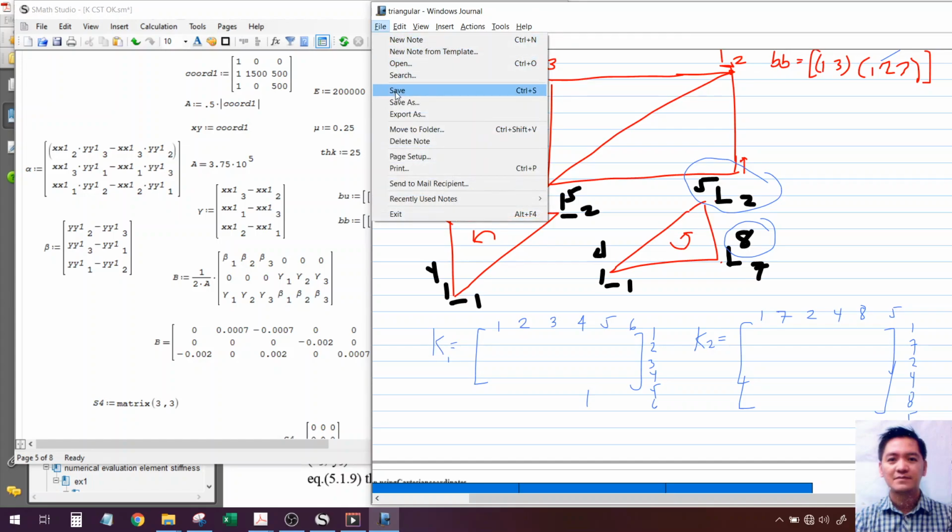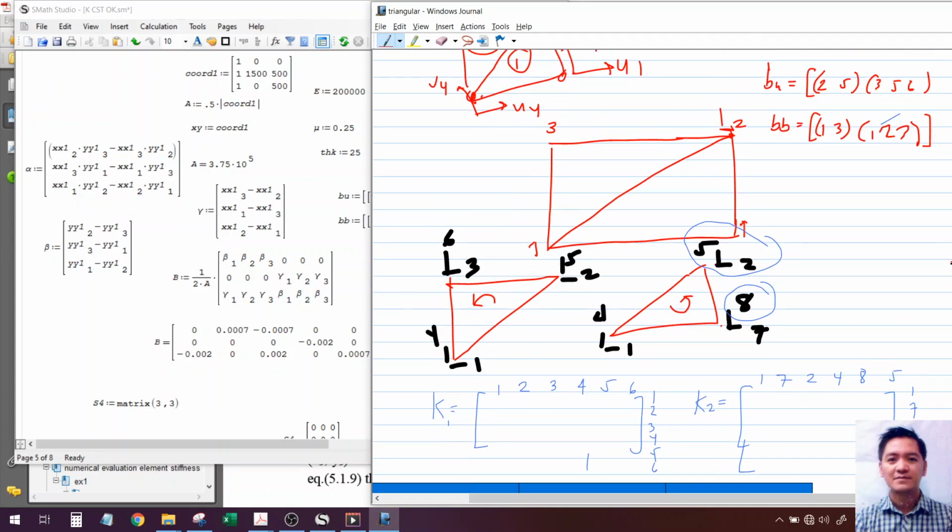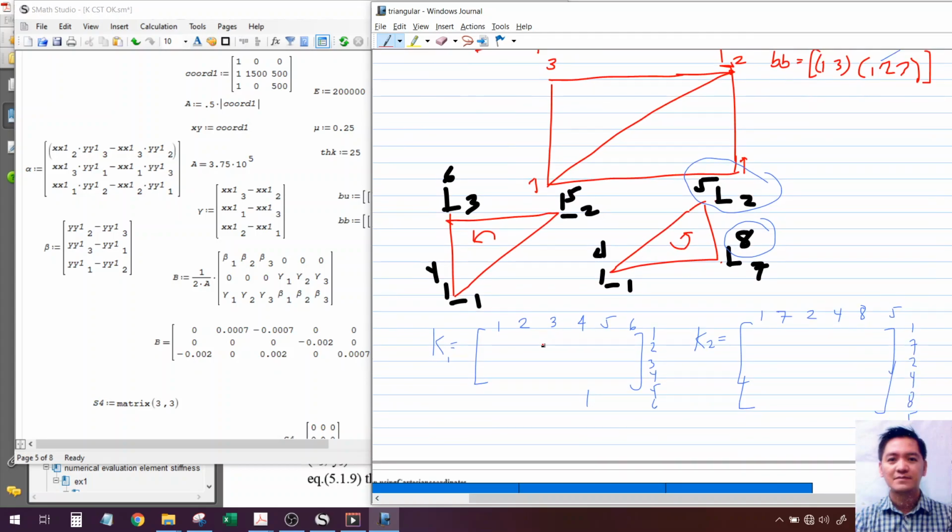I need to save this first. So, we now know that what we need for element 1 is 2 and 5. That is this, 2 and 5.